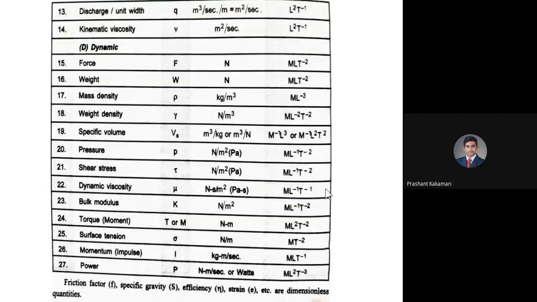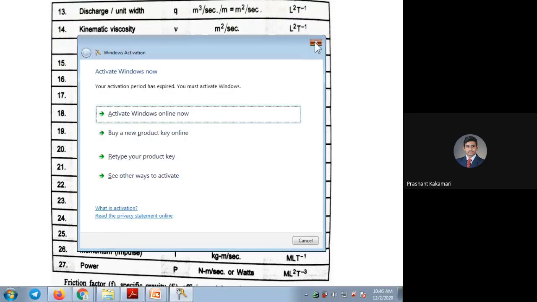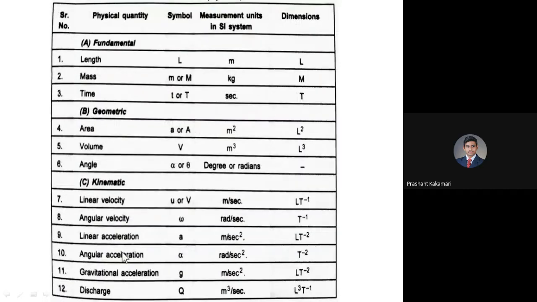But angular velocity, if it is required, is a kinematic parameter because it has a per second value. Radians per second: for radians or angle we don't have any dimension, but per second we have the dimension T raised to minus 1. I hope it is clear. So for radians or degrees or angle, we don't have any fundamental quantity. This you have to keep in mind.